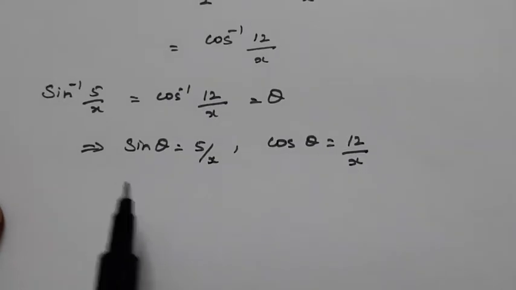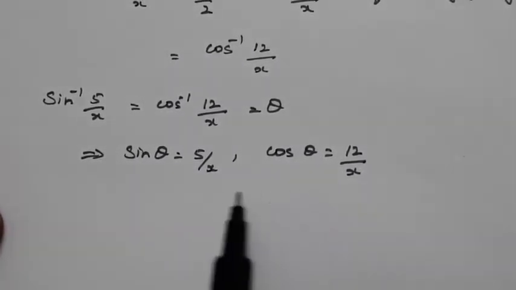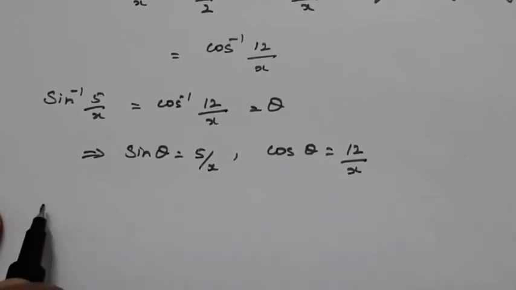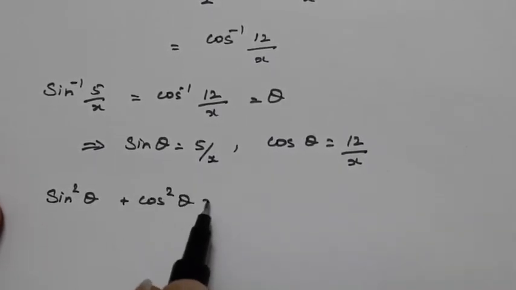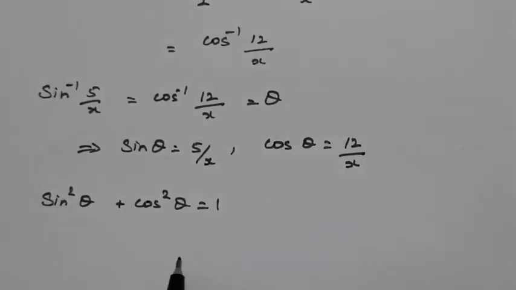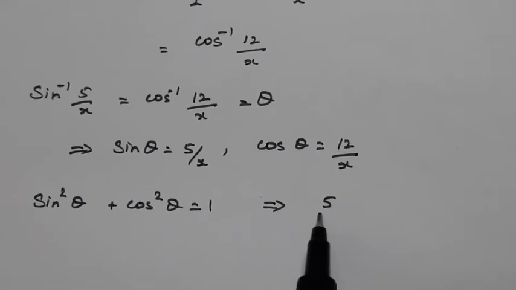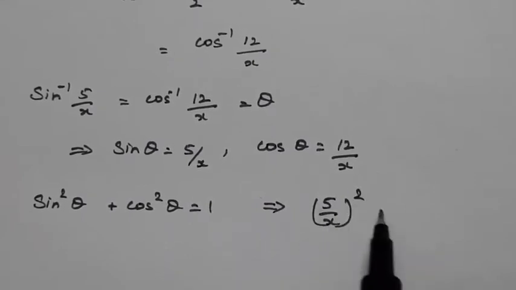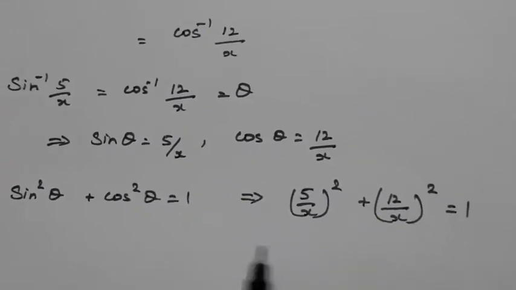After getting sin theta and cos theta in terms of x, it is easy to find the value of x by using the identity sin squared theta plus cos squared theta is equal to 1. So, 5 by x the whole squared plus 12 by x the whole squared is equal to 1.